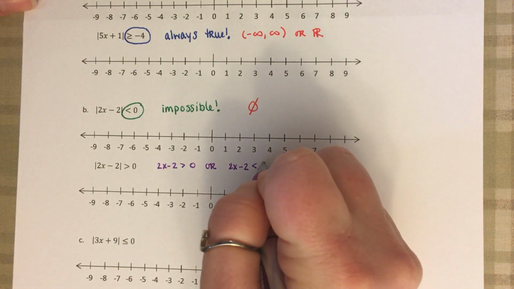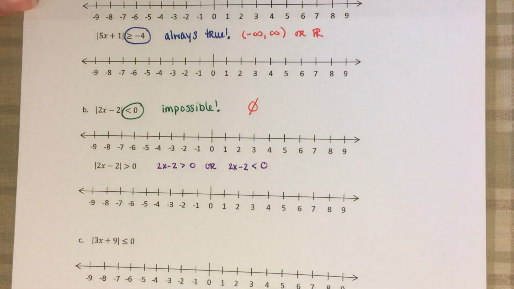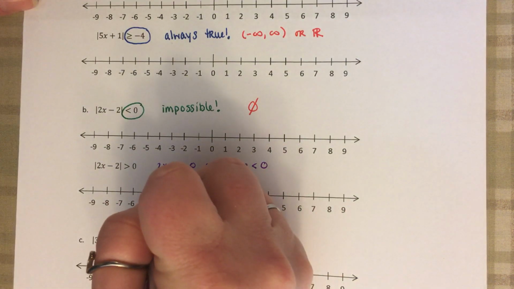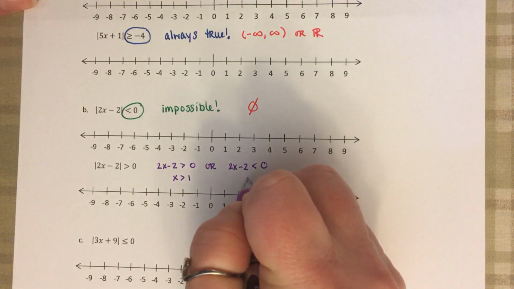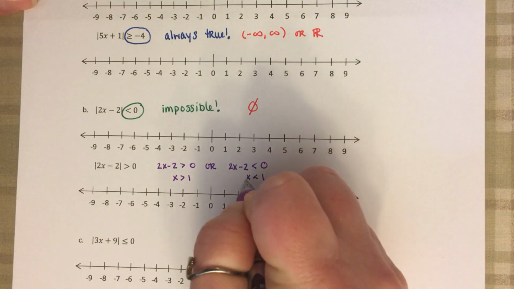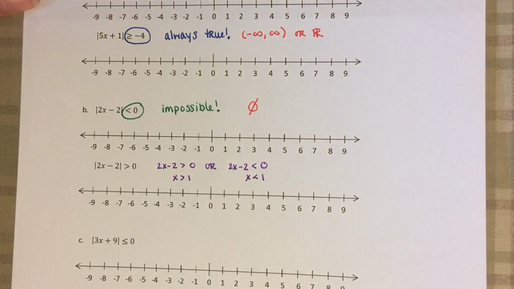And there is no such thing as a negative 0, so I'm just going to put a 0 there. What's going to happen if we solve this? We are going to get x is greater than 1 or x is less than 1. If we add 2 to both sides and then divide, we get an answer of 1 for each.